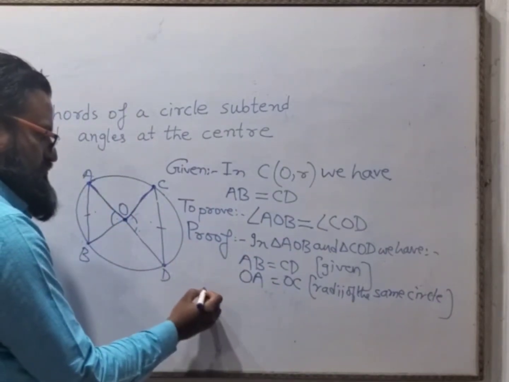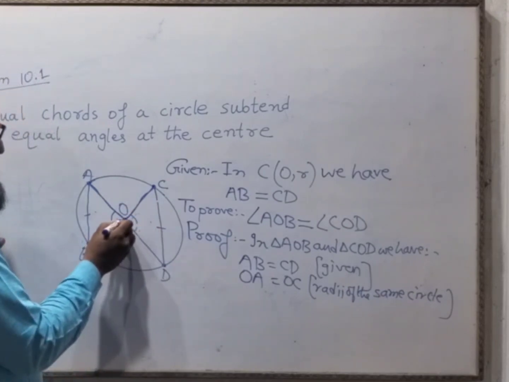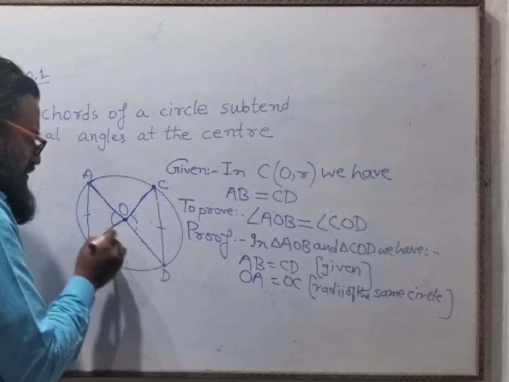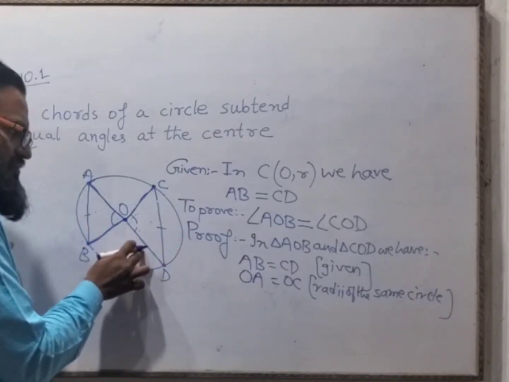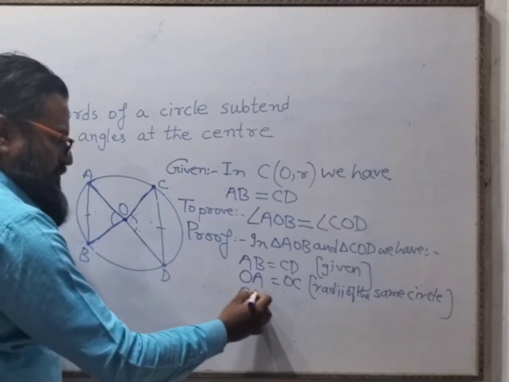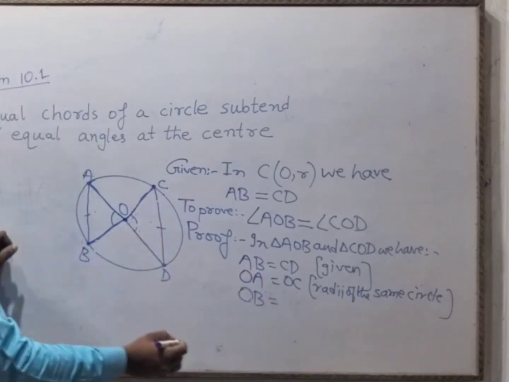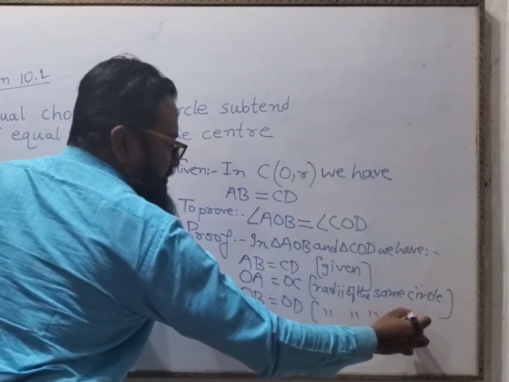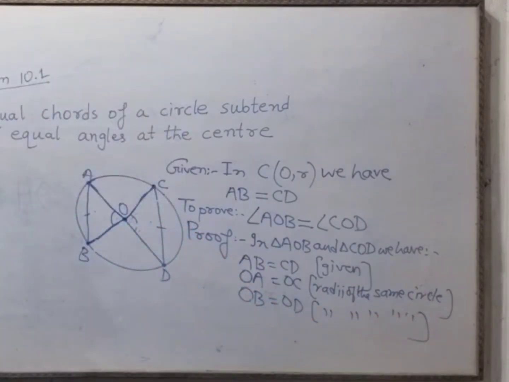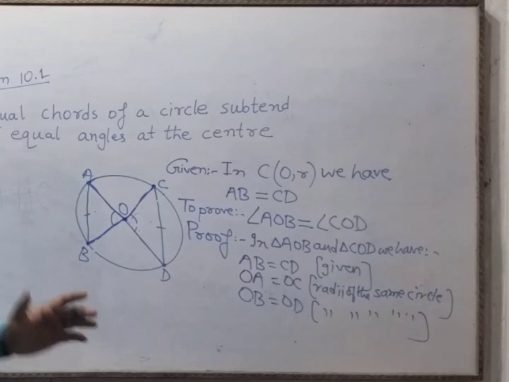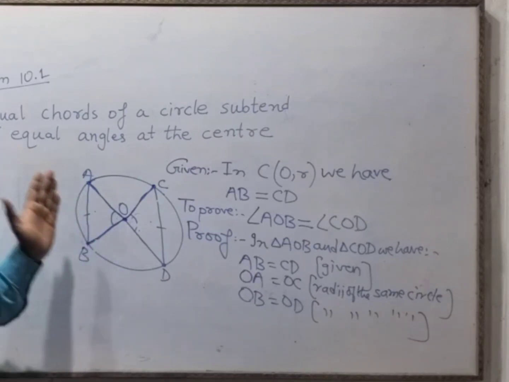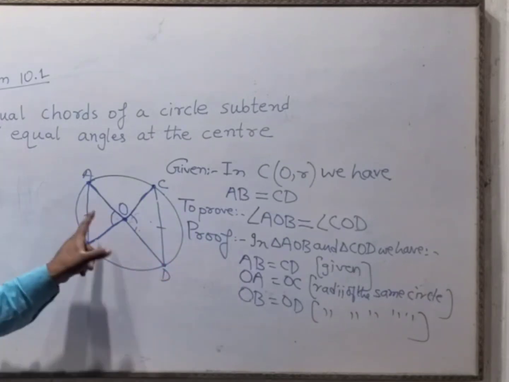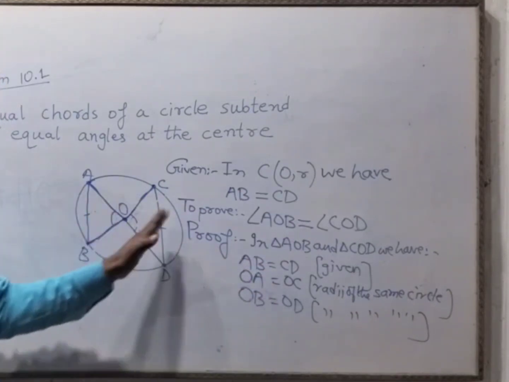Similarly, this is also radius OB and this is also radius OD. So radius and radius will be equal. Okay. So OB will be equal to OD. Why? Radii of the same circle. Now we can say that three sides of this triangle and three sides of this triangle are equal.